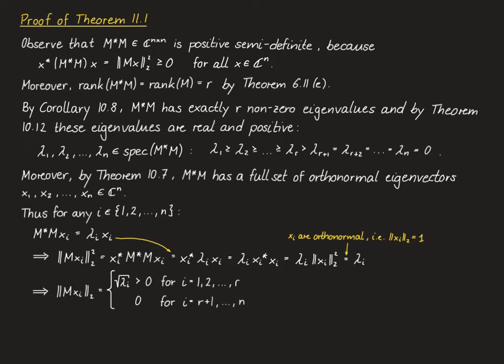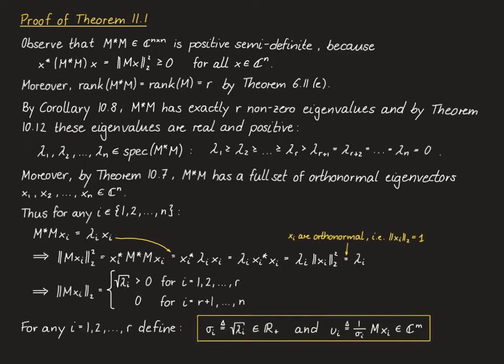Hence, for any i from 1 to r we can define sigma i as the square root of lambda i, which is a positive real number, and the vector ui as 1 over sigma i times M times xi, which is an m-dimensional vector because M is an m by n matrix.